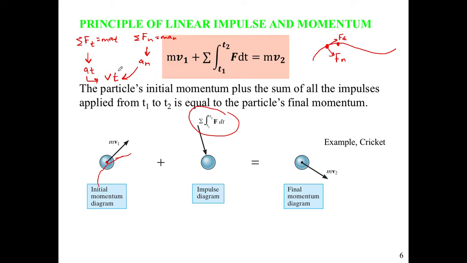So the point is there would be two steps involved. Whereas if we just directly use our principle of impulse and momentum, फिर हम directly forces को उसकी velocities से ही relate कर सकते हैं. That's what I'm trying to get to.